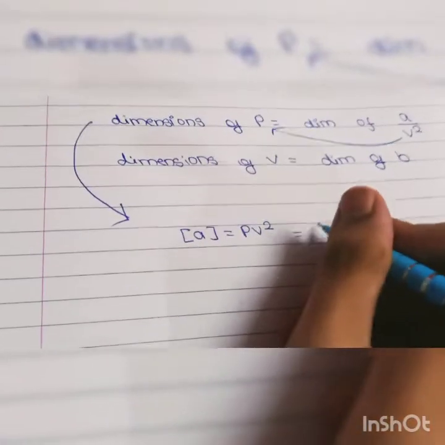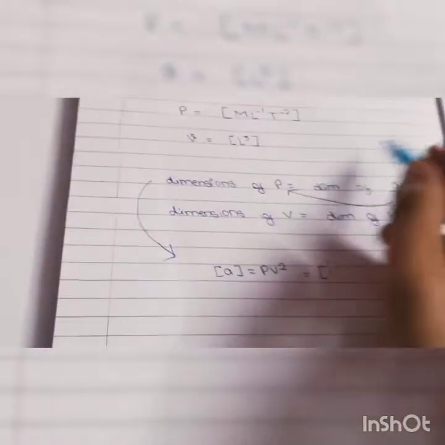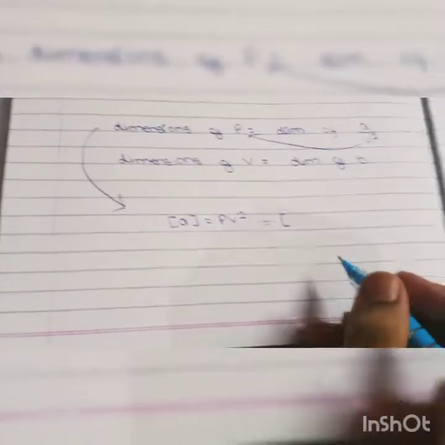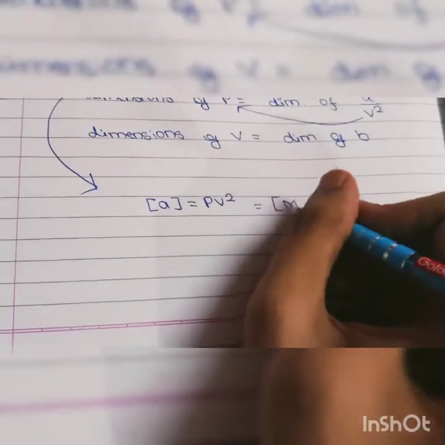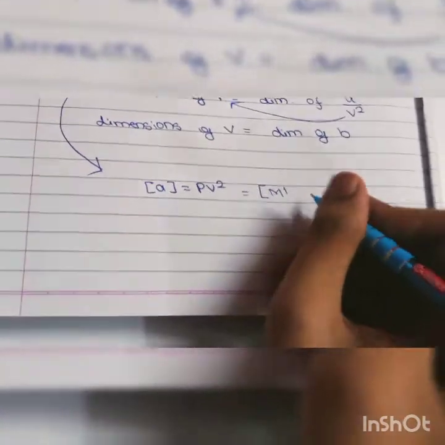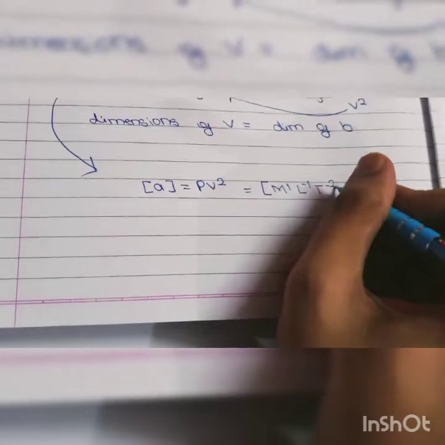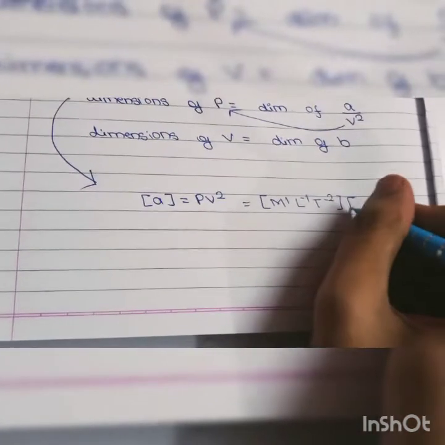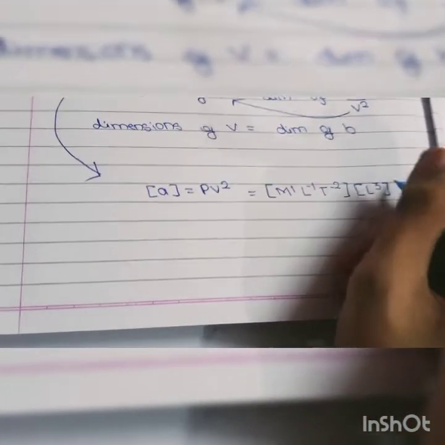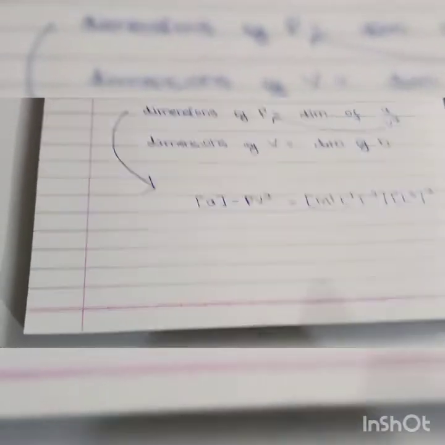Now we will put the dimensions which we found earlier: M1 L to the power minus 1 T to the power minus 2 for pressure, into (L cubed) squared.